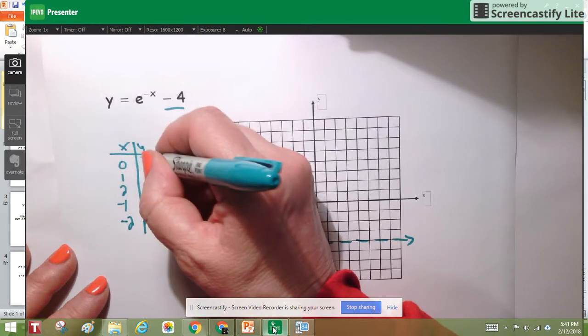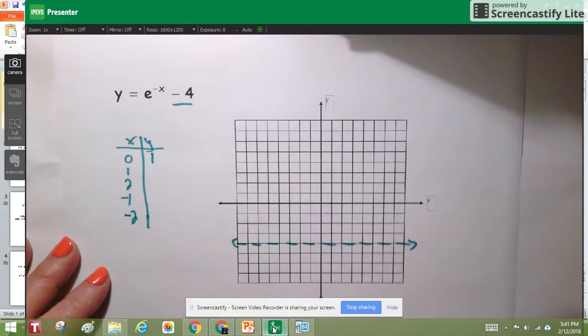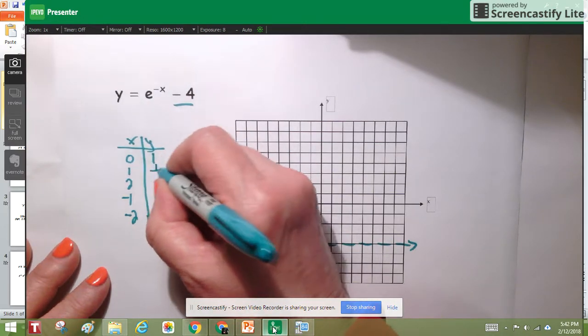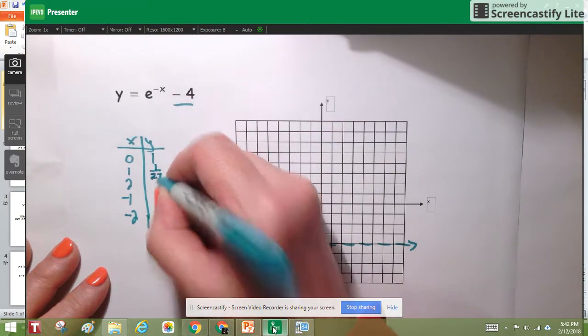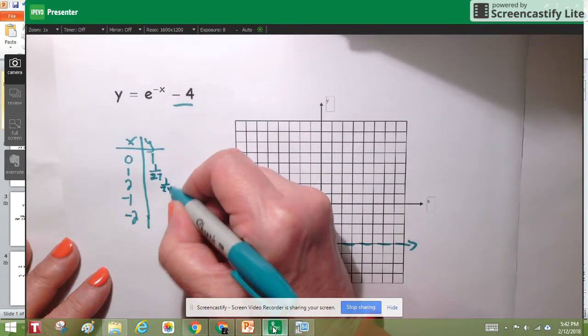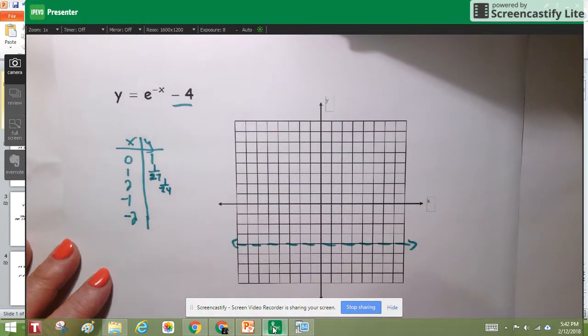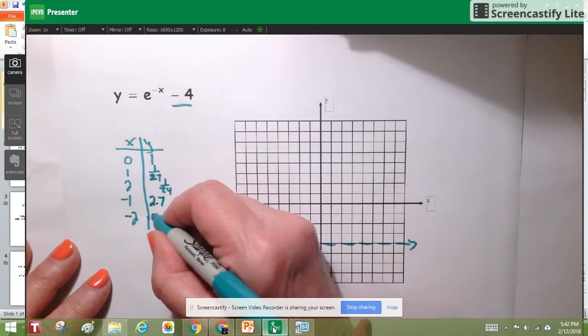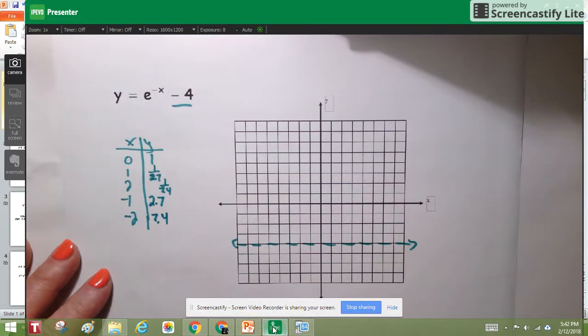If I plug in 0, I'm still going to get 1. If I plug in 1 now, it'll be e to the -1. So now I'm going to have 1 over 2.7. If I plug in 2, I'm going to have 1 over 7.4. If I plug in -1, I'll have e to the -(-1), which is e to the 1, which would be 2.7. And then this here would be 7.4.